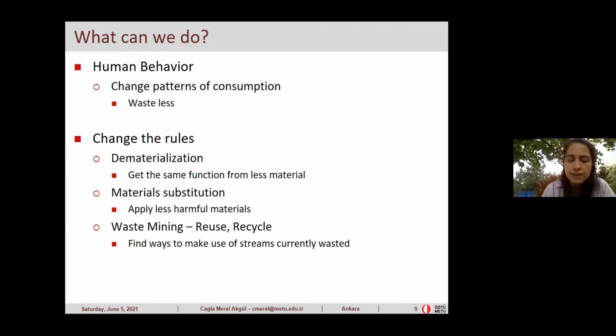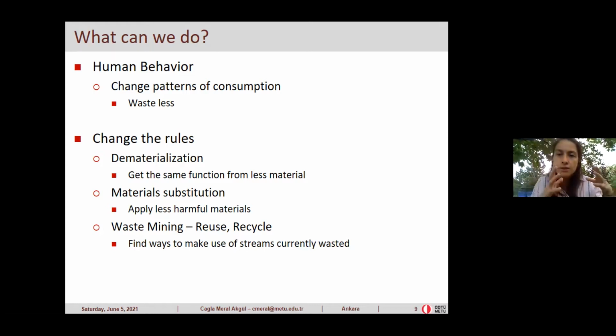And the second thing I can suggest is changing the rules. What does changing the rules actually mean? The first thing is dematerialization. If you can, design something or get something that has the same function but is made out of less material. The second thing is material substitution. Instead of toxic materials, use less harmful materials.